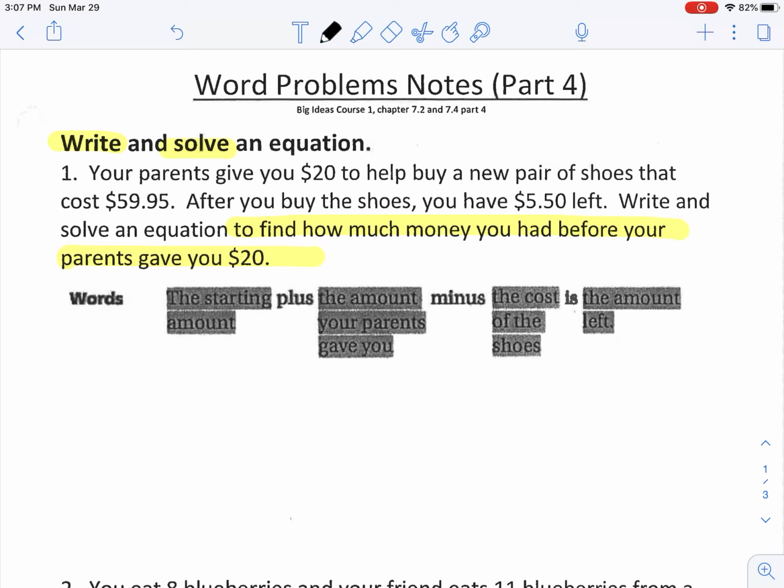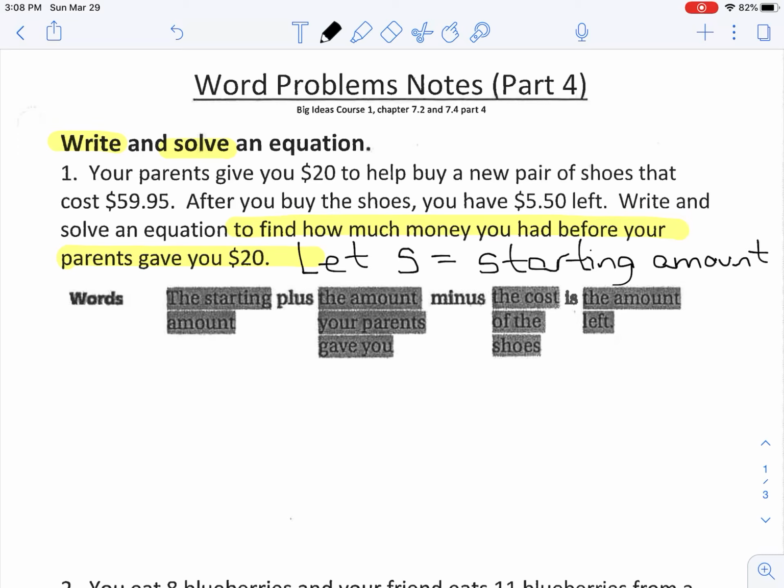That's what we're trying to figure out. So when we define a variable, we always start with the word let. And I'm going to use the variable S for starting amount. We want to know how much money I had before my parents gave me any money.